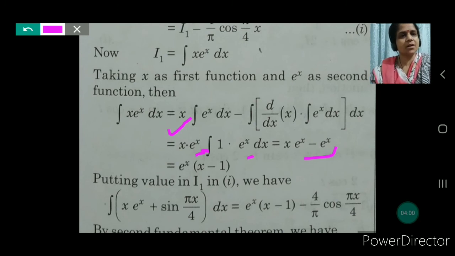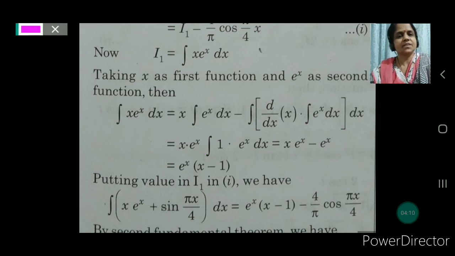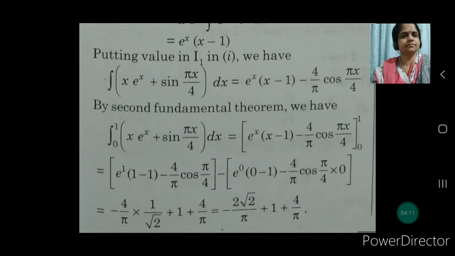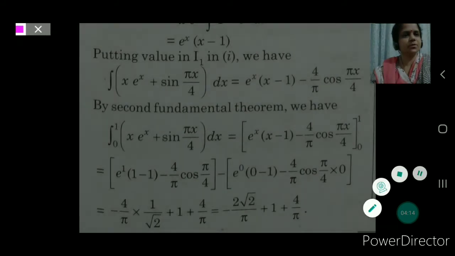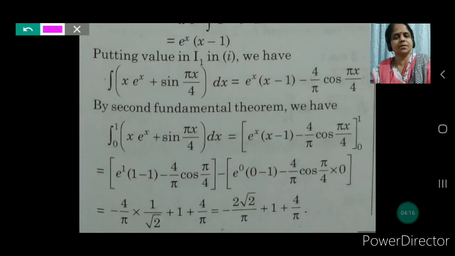Okay, and now e raised to x take common, so in bracket you will get x minus 1, and now substitute the limits. So when you put the limit, you will get e raised to x, x minus 1, and the limit is 0 to 1.